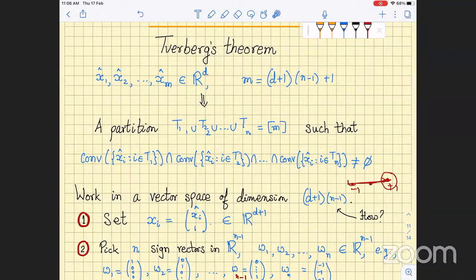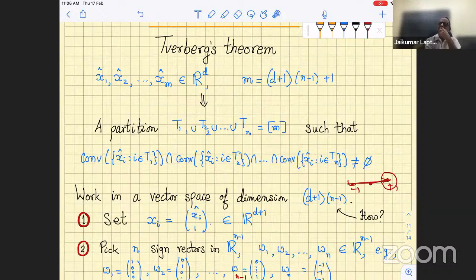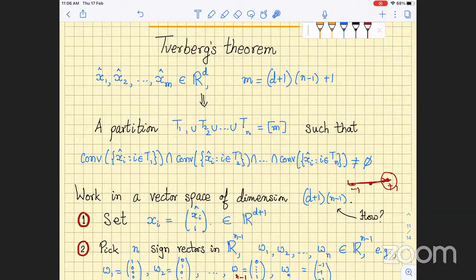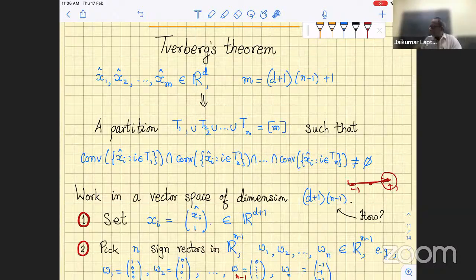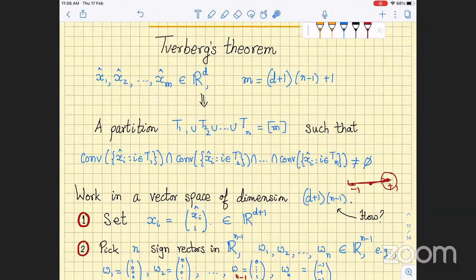So we should not be able to separate them by a linear function, because they have a point in common. Can this be related somehow more generally with VC dimension? Yeah. So VC dimension, there every possible subset is realized, right?